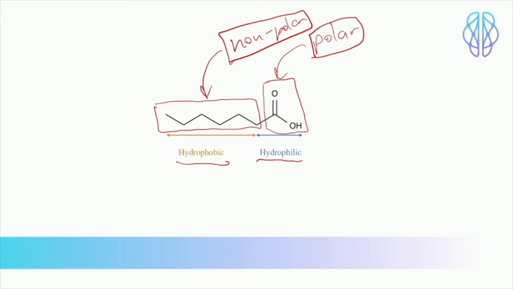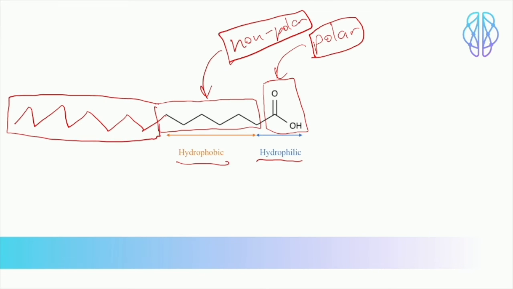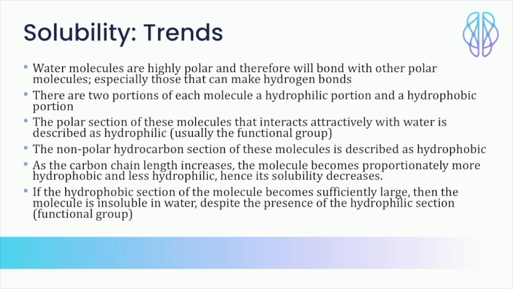So for example, in this case, if I were to extend this carbon chain, this non-polar part contributes much more significantly to the intermolecular forces of the molecule than the polar part. So overall, the molecule will be more hydrophobic in nature. It's not really important to know how non-polar a compound needs to be before it's hydrophobic. Just appreciate it in general. Okay, so hopefully that's a little more clear.